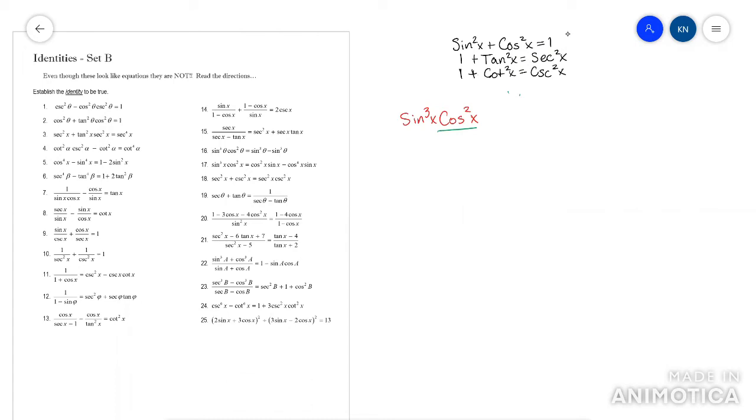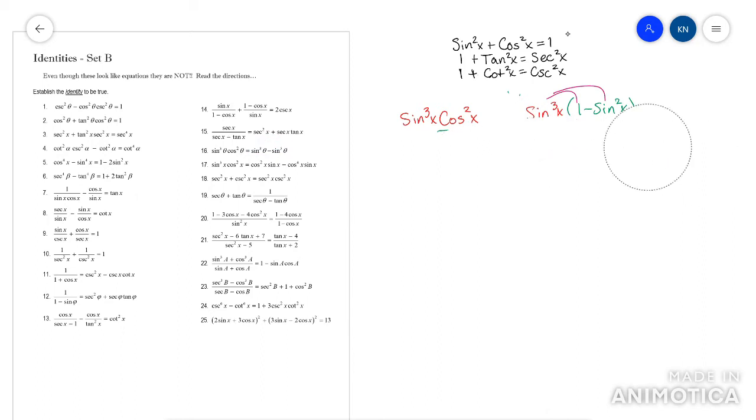So sine cubed x would not change. But cosine squared, you could rewrite it as 1 minus sine squared. And the reason I want to do that is because now I could distribute this and get sine cubed minus sine 5, which is what they wanted. So I'd be done.